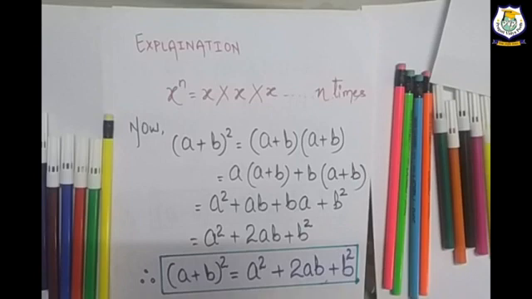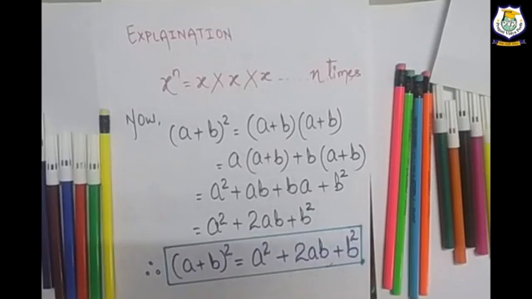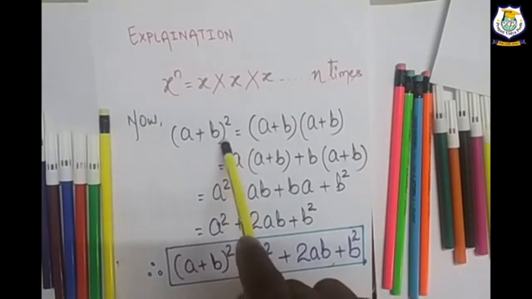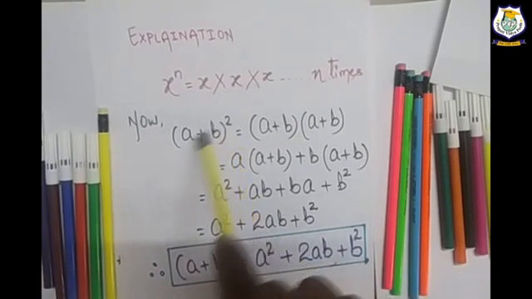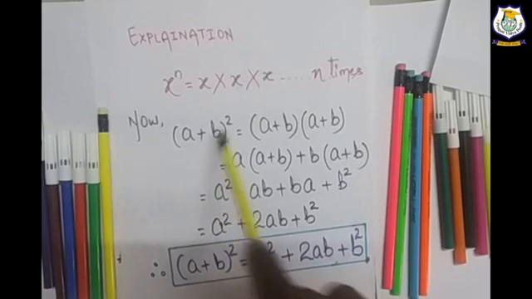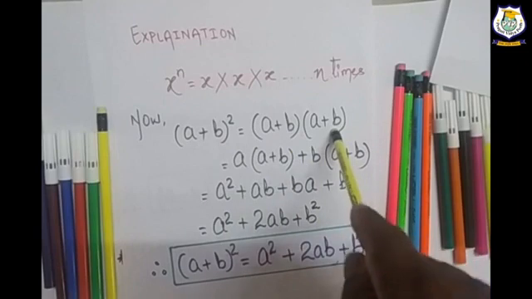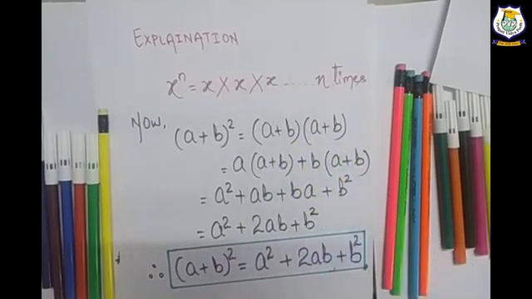Now I am going to explain the first basic identity which we already know, that is a plus b whole square. A plus b whole square has a power 2, which means it is multiplied by itself 2 times. Therefore, a plus b multiplied by a plus b. This is the product of binomials, which we do in class 7th. So please take a look.